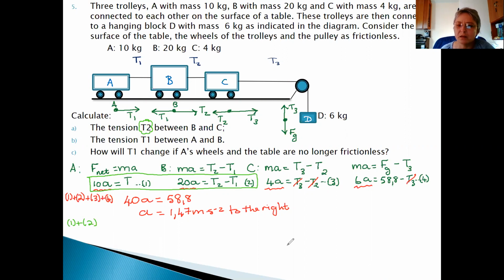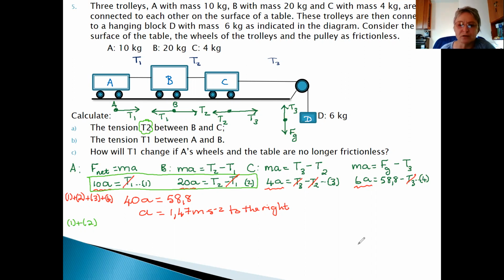Then the T1s will cancel, because in equation 1, T1 is positive, and in equation 2, T1 is negative.